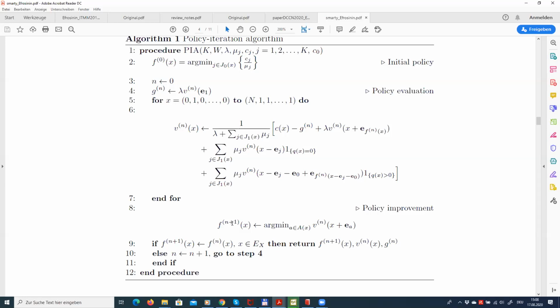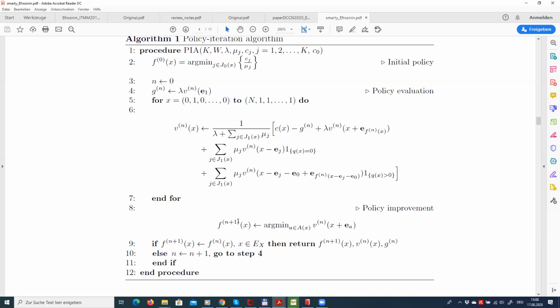And step by step, we get the sequence of improved policies until the optimal one is found. So the number of steps required to find the optimal policy with a policy iteration algorithm is non-comparable with the direct search method, of course.